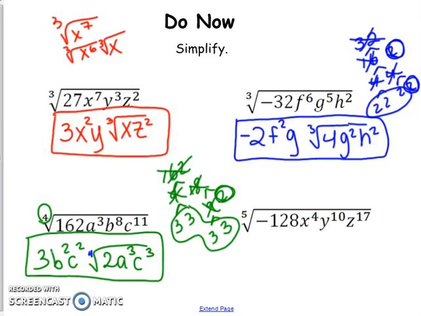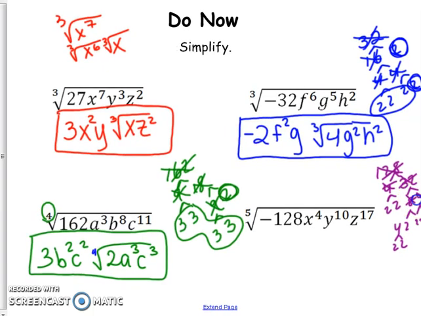And for the last one, 128, I'm going to break 128 down. So 4 and 32, 2 and 2, 8 and 4, 4 and 2, 2 and 2, 2 and 2. So I can't use 128 or 4 or 32 or 8 or 4.